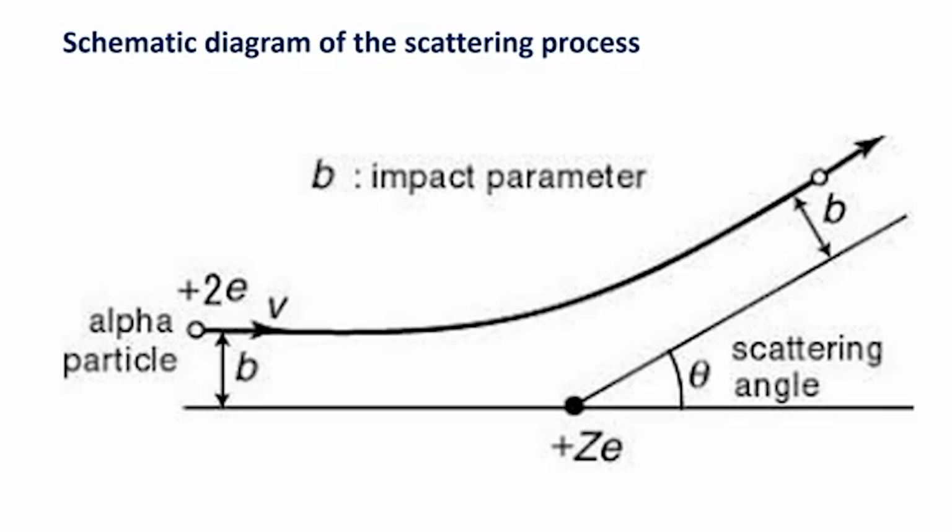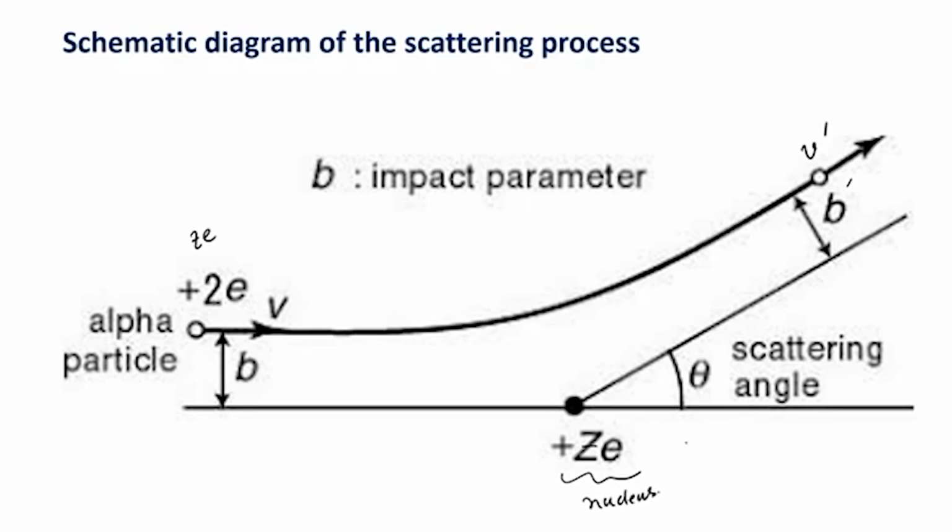There is this alpha particle with charge 2e, which we can call ze with a small z, and this plus Ze is the nucleus, where capital Z is the atomic number of the nucleus and e is the electronic charge. The alpha particles are bombarded in this direction and get scattered in this direction, and let us call this velocity v prime, and this b prime as well, but we will show that v equals v prime and b equals b prime.